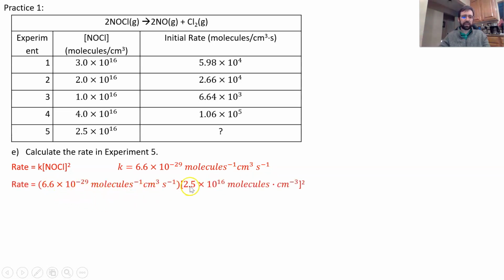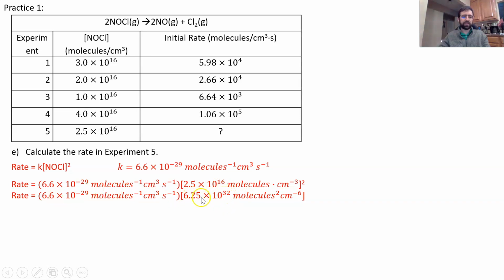We'll plug that in and multiply by the concentration, 2.5 times 10 to the 16th molecules per centimeter cubed. And we've got to square that. When you do the math, you find that your units are molecules squared, centimeters to the -6th for this component, and we get 6.25 times 10 to the 32nd power here.